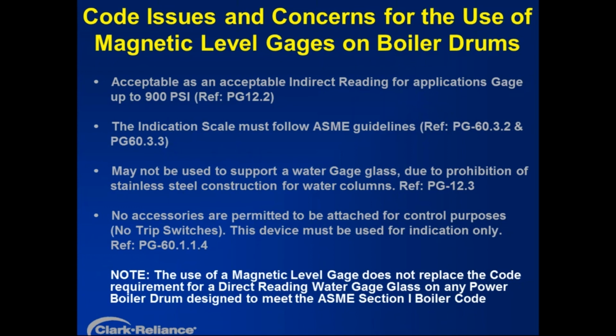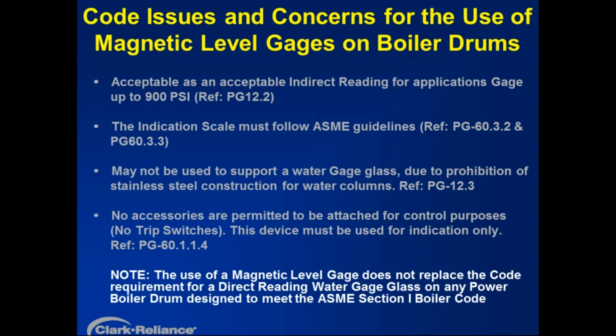The reason I say this is I'd like to jump back to a typical process, refinery, or chemical plant where they may have hundreds of level indicating devices out in the process part of the plant, and they may only have a handful of boilers. It's very common to eliminate some glass on applications in the process part of the plant and install devices like magnetic level gauges.